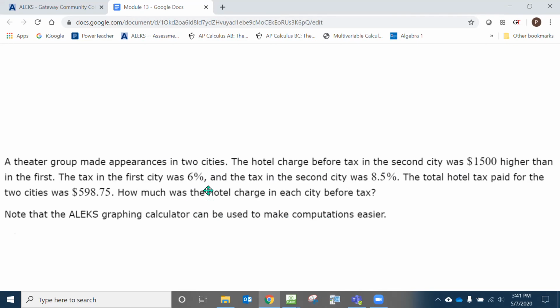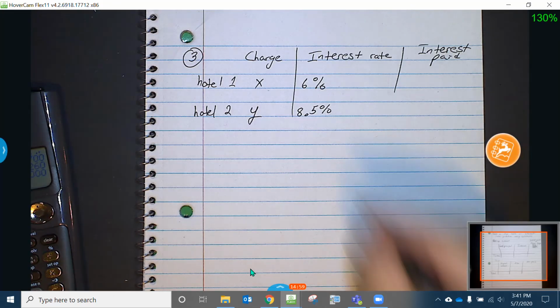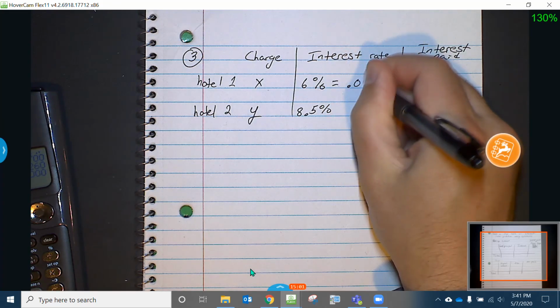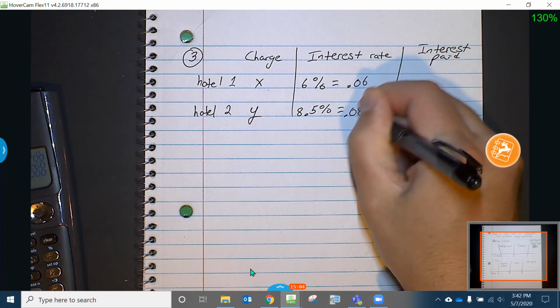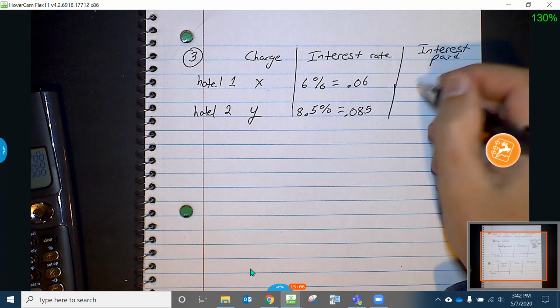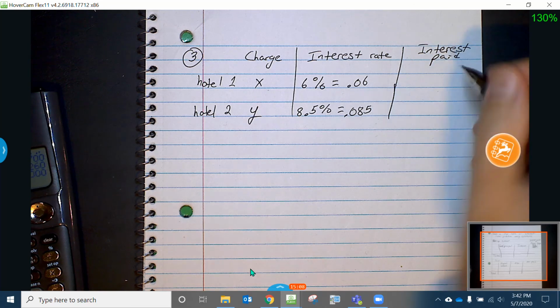The hotel charge in the second city was $1,500 higher than the first. We'll use that after. The tax in the first city was 6%. The tax in the second city was 8.5%. So this is 0.06, this is 0.085. So the interest paid, or this is really a tax.